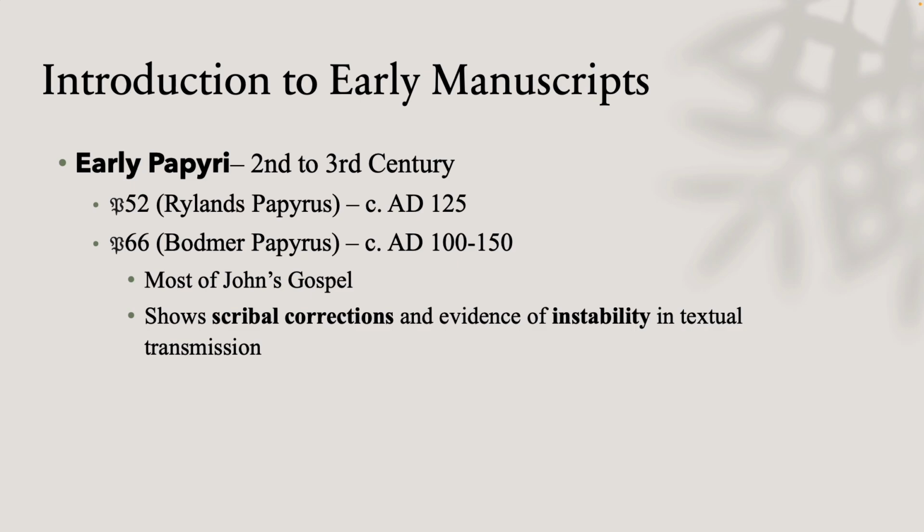It also shows that the text was not viewed as a stable text. It wasn't settled, so they kept editing and correcting it. By instability we mean that the text was not copied in a consistent way. It's a different story if it was a spelling correction or something like that, because you're just cleaning it up.